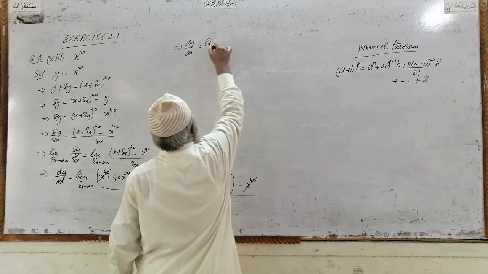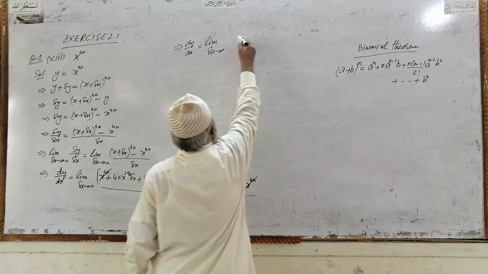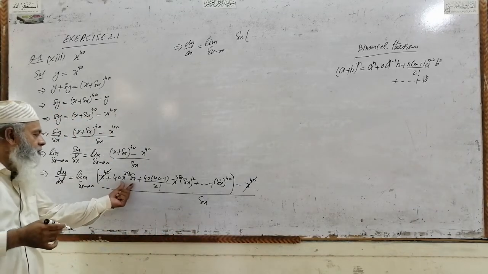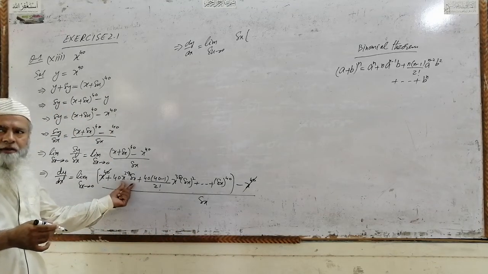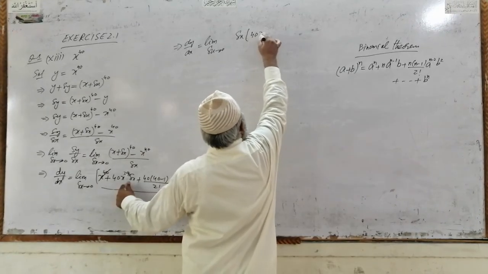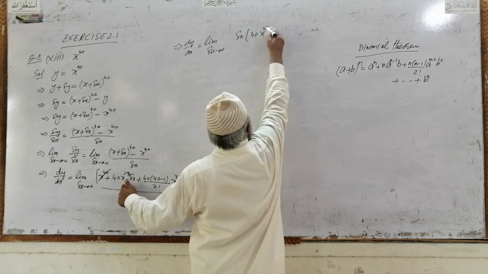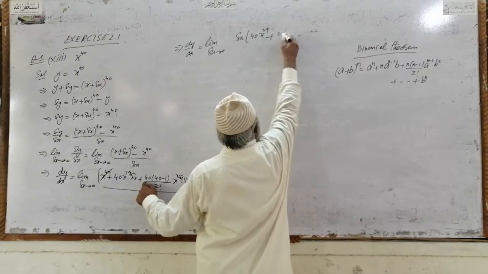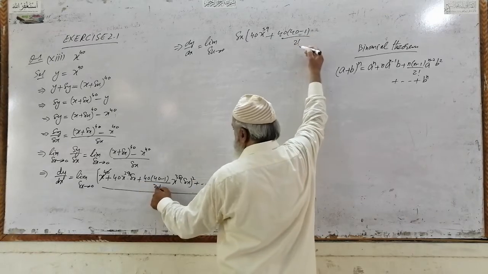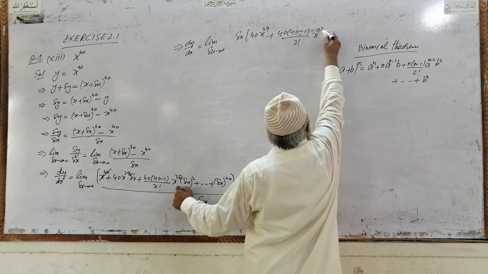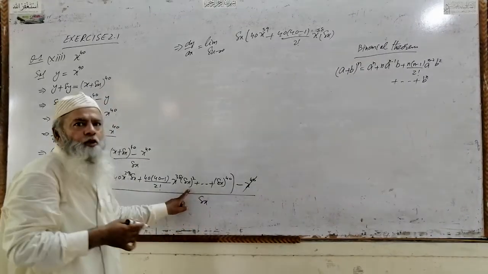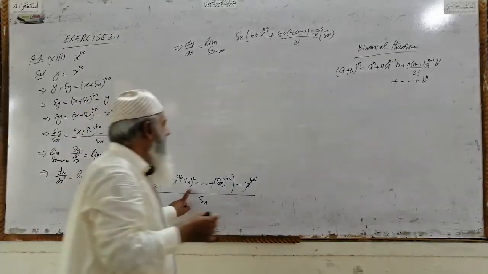Now, using limit delta x approaches 0 and taking common delta x from all the terms of the numerator, when you take delta x common from here, what will you have? 40 x raised to power 39 plus 40 into 40 minus 1 over 2 factorial x raised to power 38 delta x. When you take delta x common, you will have here delta x, and up to so on.